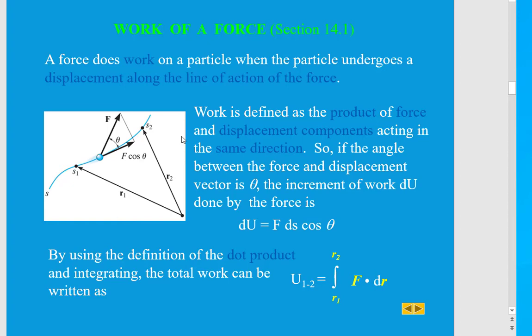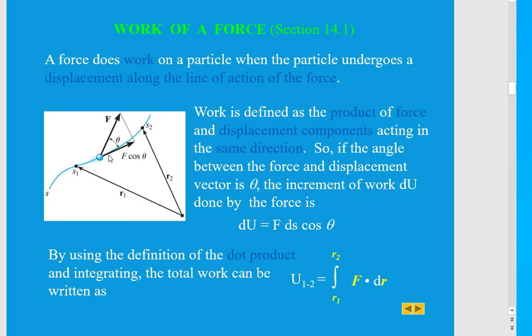So we define the movement of that particle from S1 to S2 by the component of the force along the action of the movement, which is always tangent, and in this case it's F cosine theta. Assuming that theta is known, then that work is, by definition, that component multiplied by the distance.